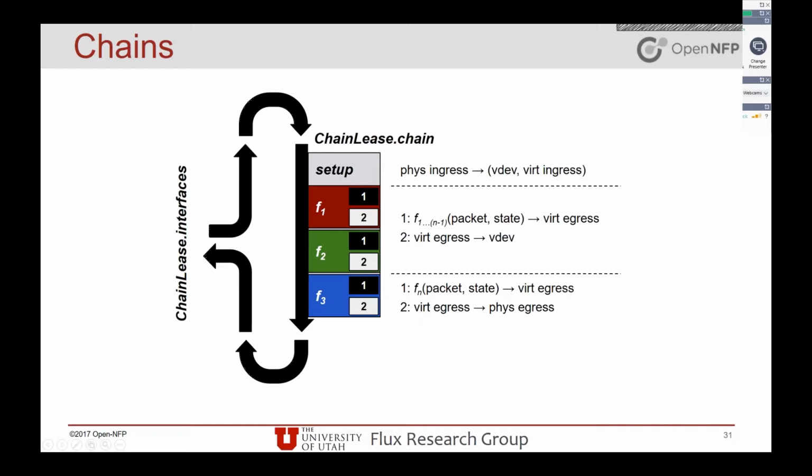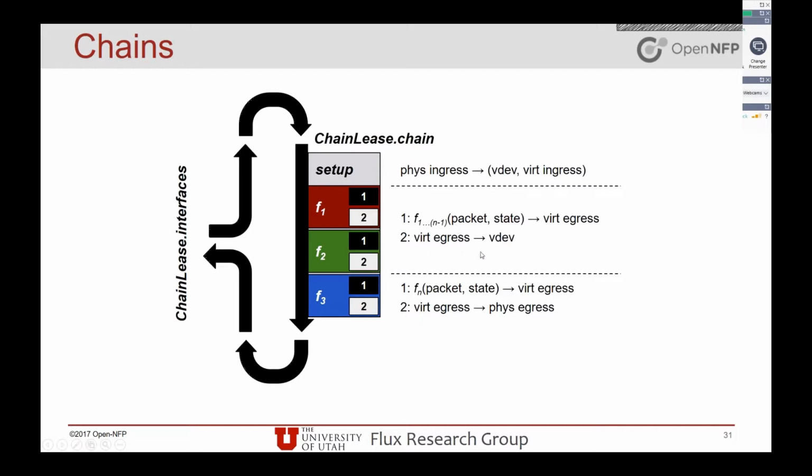This is a virtual device chain in a little bit more detail based on the setup phase. When the packet is first received, we take the physical ingress and then map that to the virtual device ID, the virtual ingress. In the remainder of the pipeline, there are going to be a variety of activities that can affect the virtual egress.